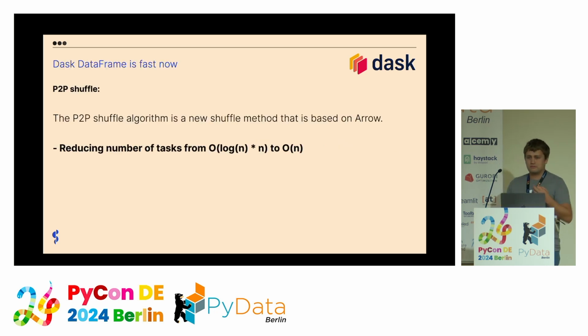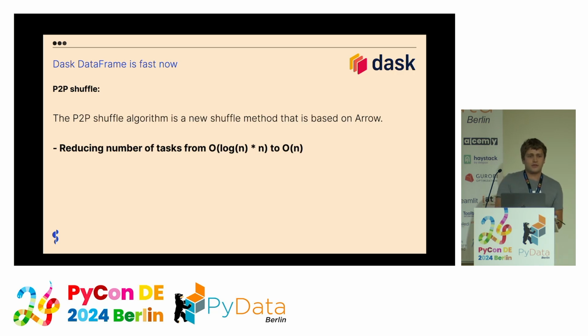We had 2 different things that we could improve with our new shuffle algorithm. It's also based on Arrow, so this is kind of the Arrow time in Dask now. A data frame normally in Dask has a number of partitions. We call them n here.